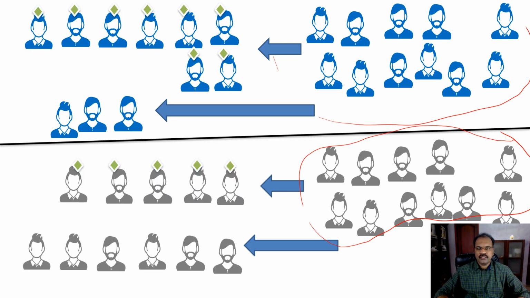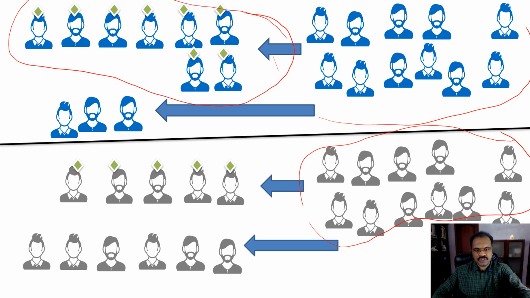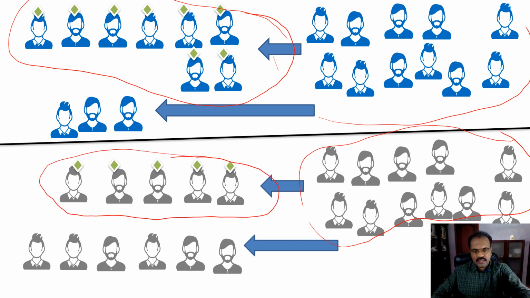We can see here that in the group of people who subsequently developed ischemic heart disease, this many number of people already have a history of depression, while in the other group, the people who do not have ischemic heart disease, this many number of people have a history of depression.